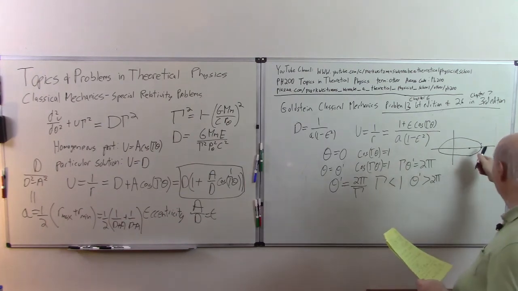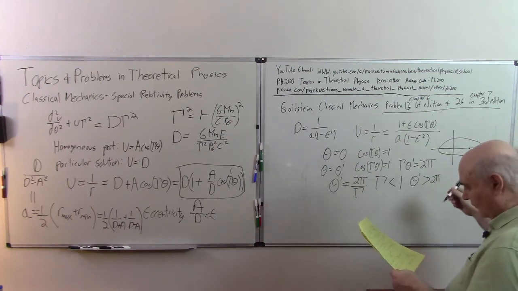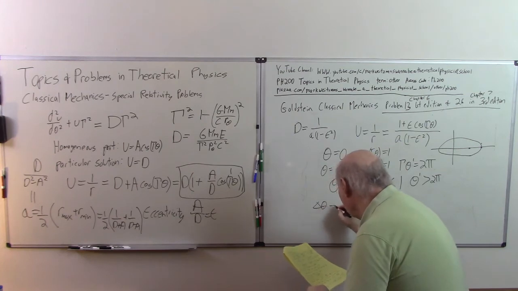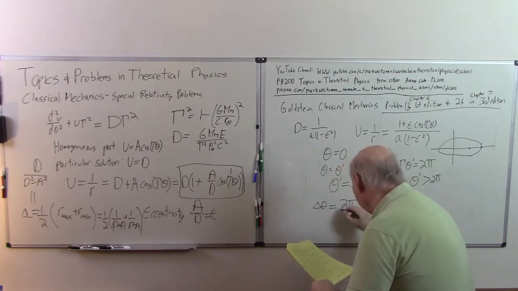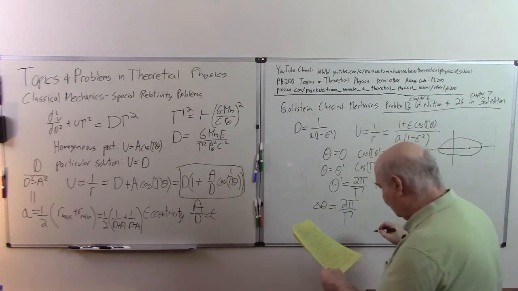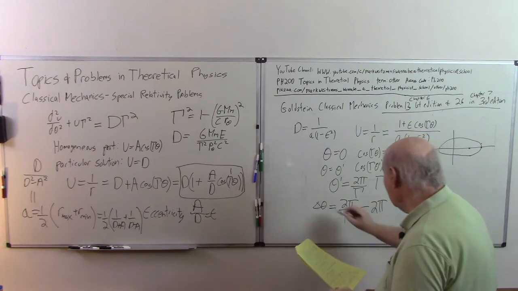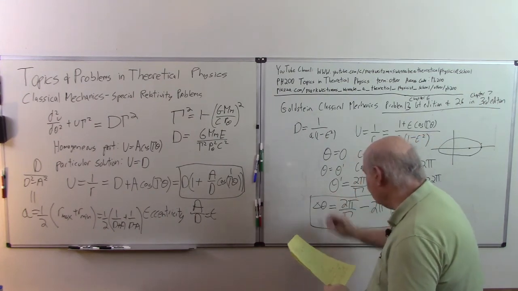We expected it to be at 2 pi if it was Newtonian. So the precession angle, delta theta, is equal to 2 pi over gamma minus 2 pi. That's how much we precess each orbit of the planet.